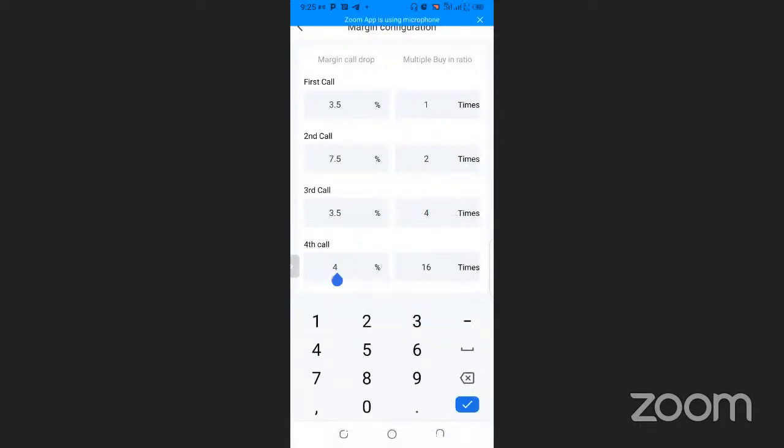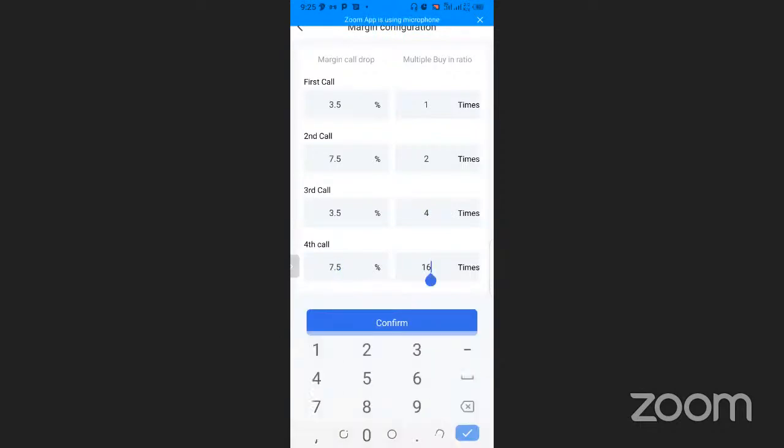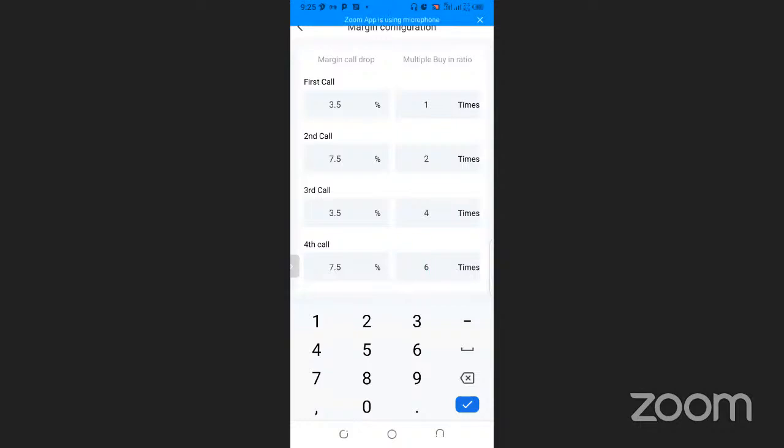And if the market drops to the last percentage, the fourth call, which is 7.5%, we tell the robot, please buy 6 times for me. This setting is what we call a mitigating strategy. Mitigating strategy means dollar cost averaging the call moves, taking advantage when the market drops and making more profit for yourself.